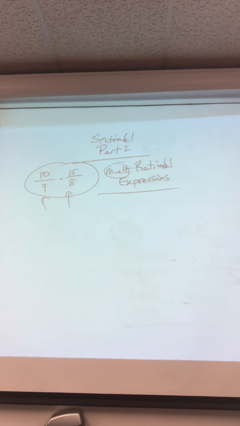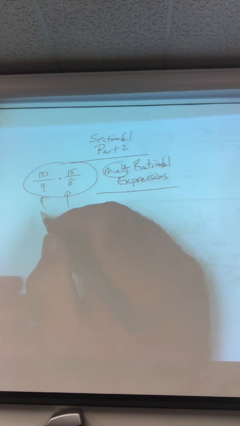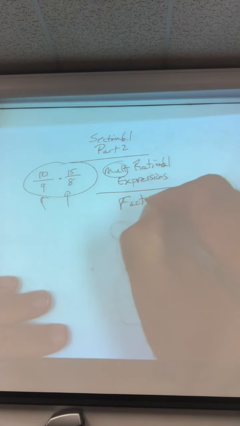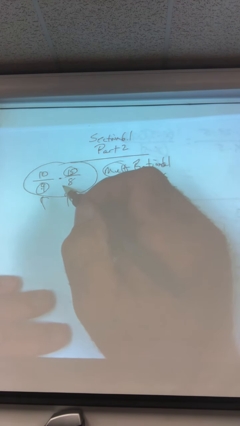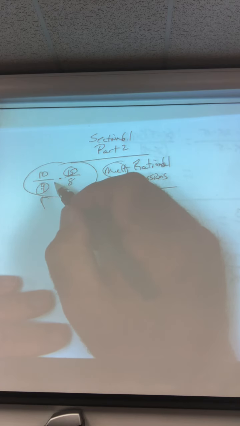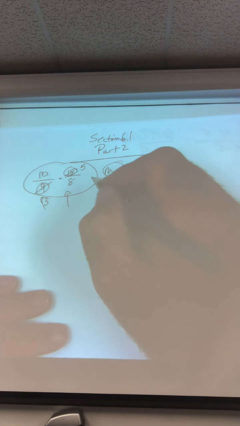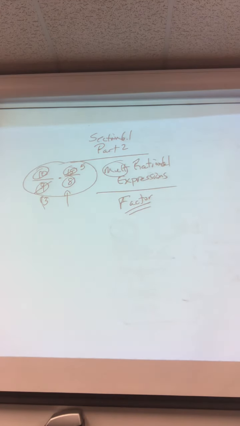But what do we do here? Remember we talked about cross-canceling first? You find a factor that goes into 9 and 15. Well, what goes into 9 and 15 evenly? What factor? 3 does. So 3 goes into 9 3 times. 3 goes into 15 5. Then we ask, are there any factors that go into 10 and 8?